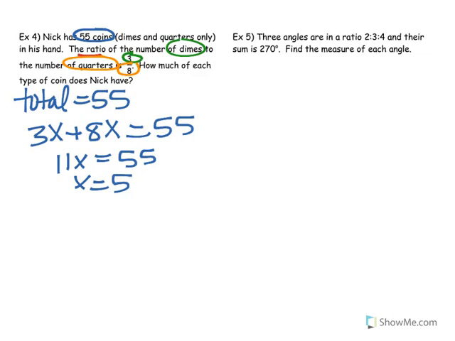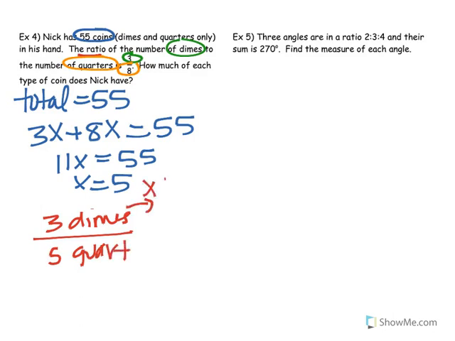Okay? So let's scale this ratio up. I have 3 dimes for 5 quarters. I'm multiplying by 5, multiplying by 5, and that means I have 15 over 25. Okay? Now I made a mistake, which I just caught, because I went to add 15 plus 25, and that didn't add up to 55 coins.